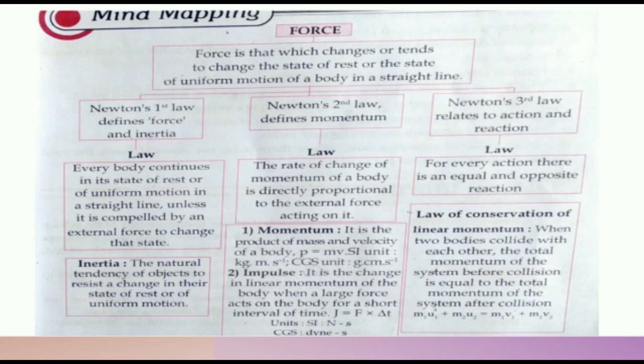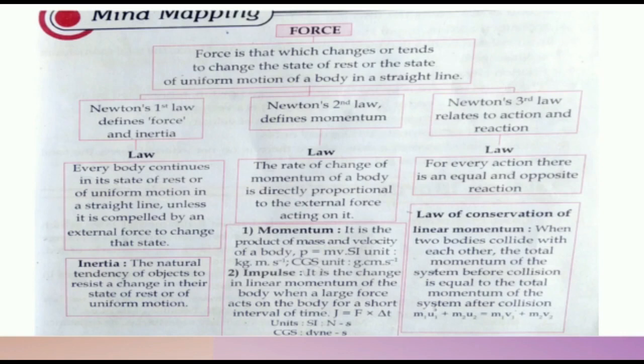Here we learn another topic, impulse. It is the change in linear momentum of the body when a large force acts on the body for a short interval of time.